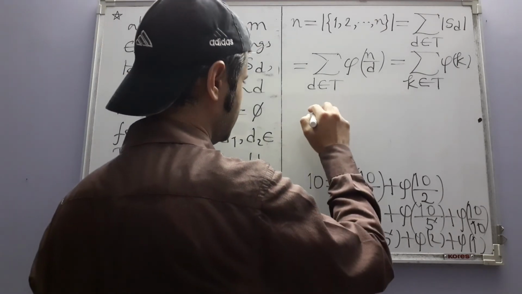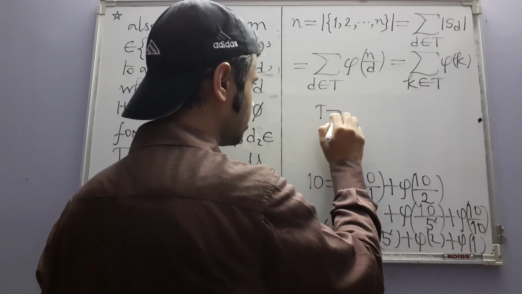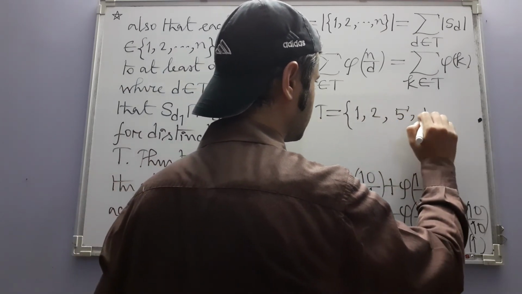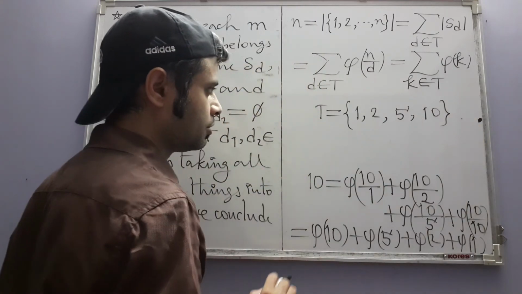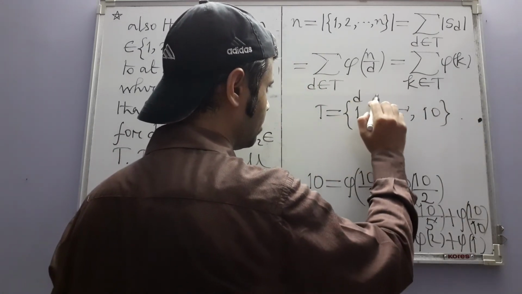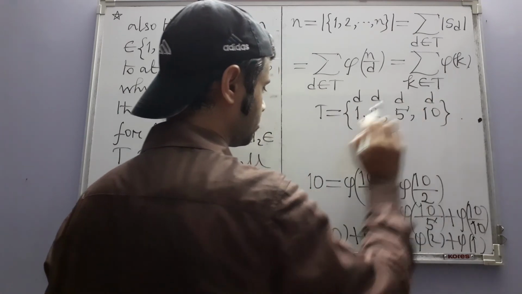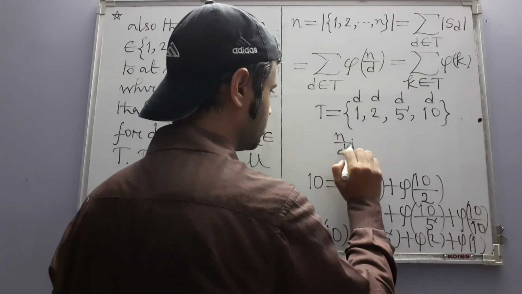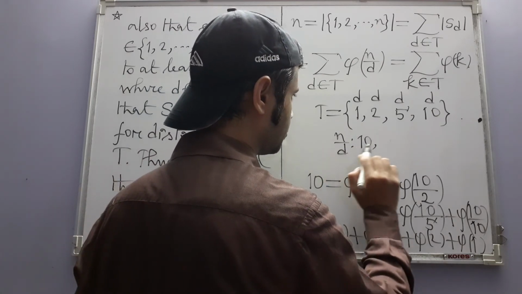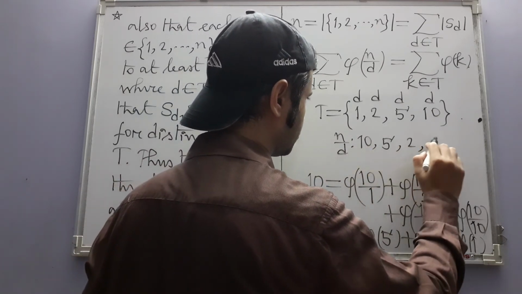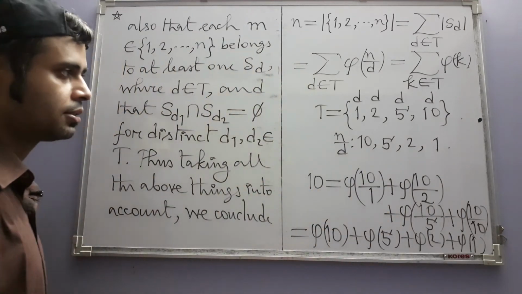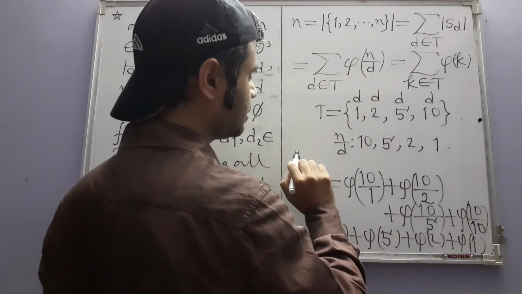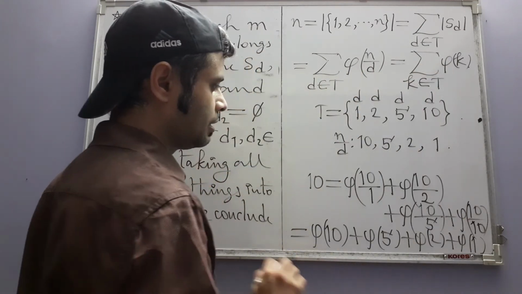So what I am saying is this, in this particular case, this is our T. So if your D takes these values, then correspondingly your n over D would take these values. The order is reversed. So that means whether you consider n over D or k, it does not matter.